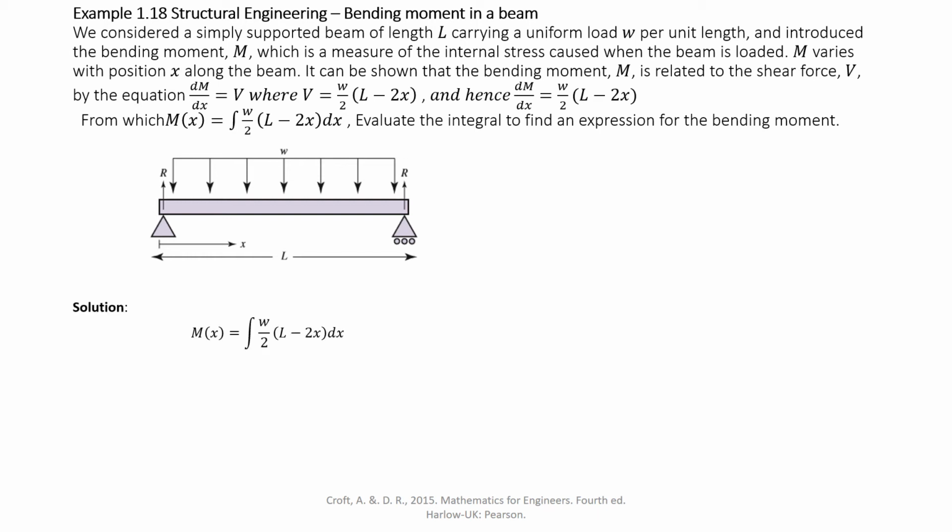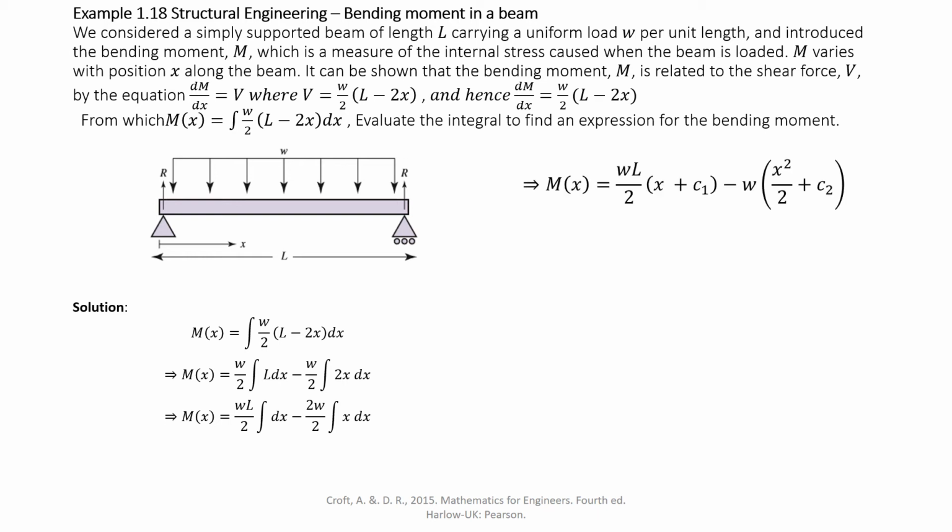Okay, so solution. Actually we are finding this integration. There are two integrals, L and 2x, but note that only x is the variable, and all the other things are now constant. So look, in the first integral WL by 2 is constant, I took it outside, and in the second integral 2 was constant, it went outside.